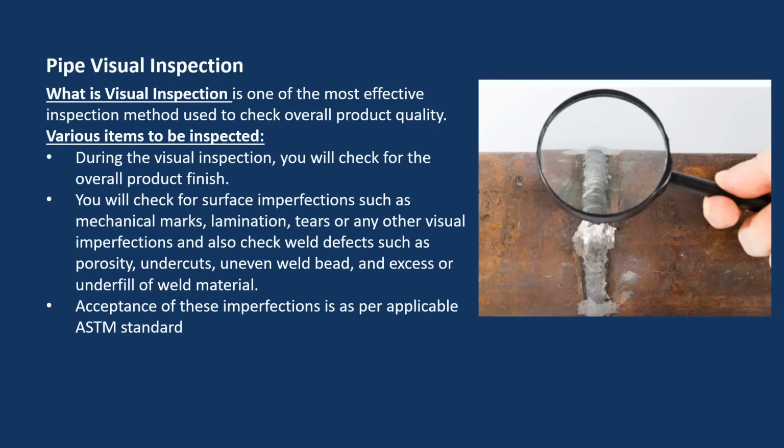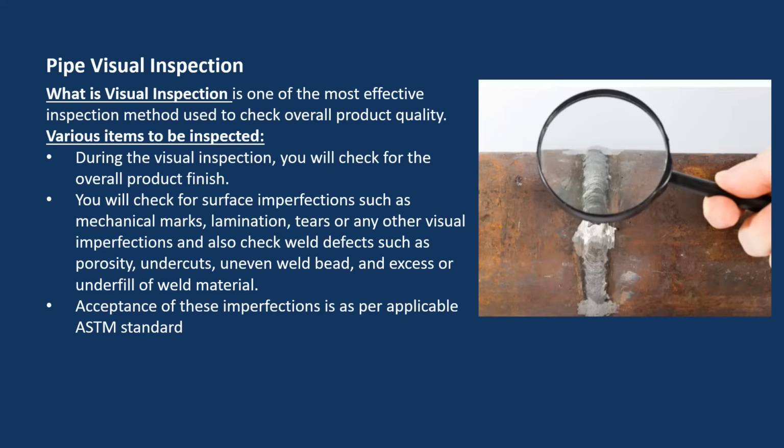Again, you will check the surface imperfections. There may be a few mechanical marks, lamination, tears, or any other visual imperfection which we can identify visually. Also, we can check weld defects such as porosity, undercuts, uneven weld beads, and excess or underfill of weld material. So this kind of inspection we have to perform.